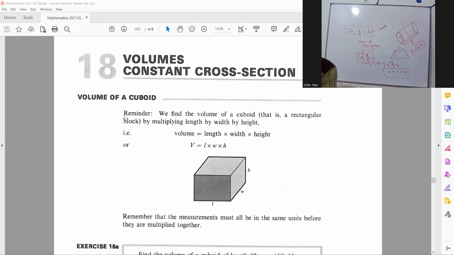What is a cuboid? This is a cuboid. It is a 3D object which has six rectangular faces.